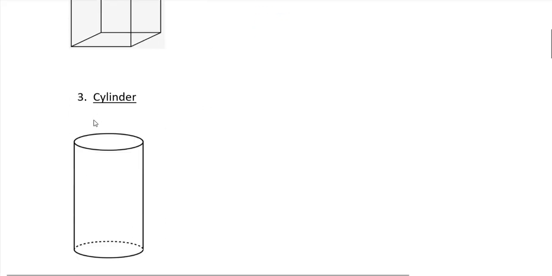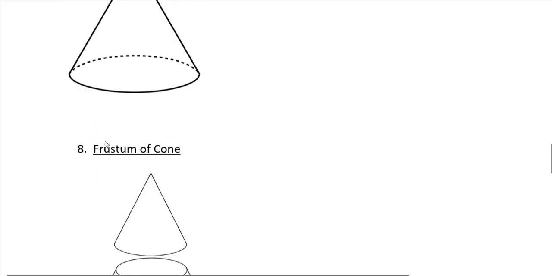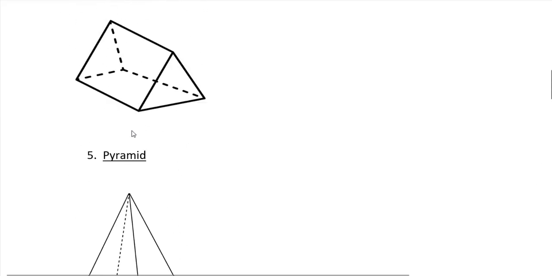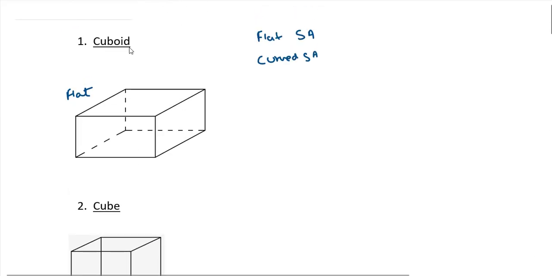If you consider the shape of a sphere, you will see that it is completely curved. There is no flat area on this sphere. So in case of sphere we will find curved surface area, and in case of cuboid and cube we will only find flat surface area.